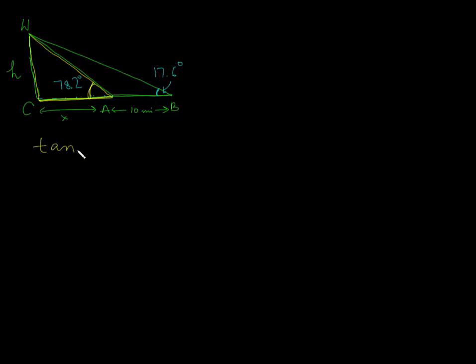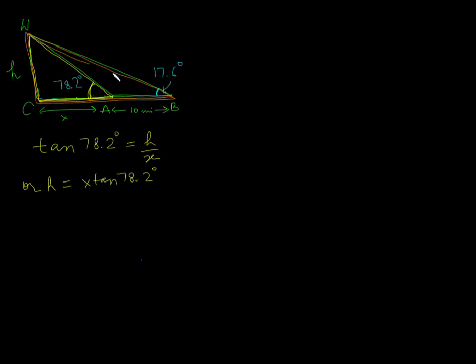So using SOHCAHTOA we can write tan 78.2 is opposite over adjacent, which is H over X, or if I cross multiply I get H equals X tan 78.2 degrees. So let's leave this triangle up to this equation, and let's go back and look at the bigger right triangle now, which is WCB.